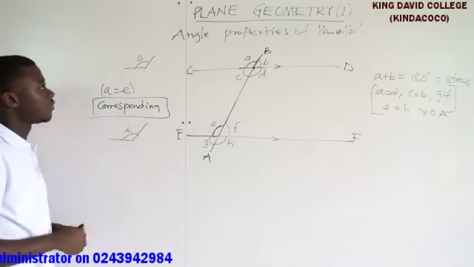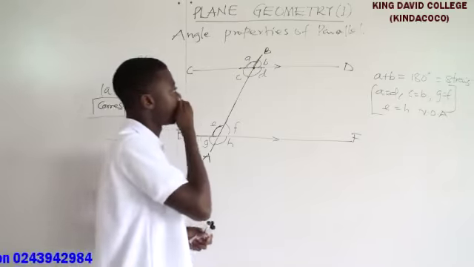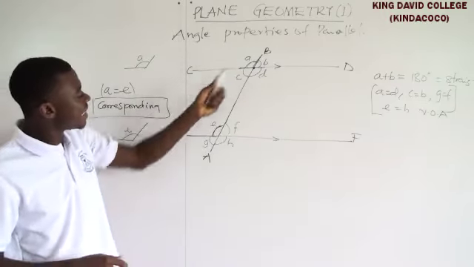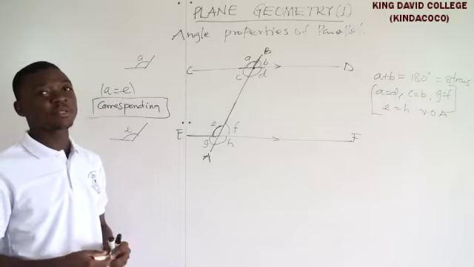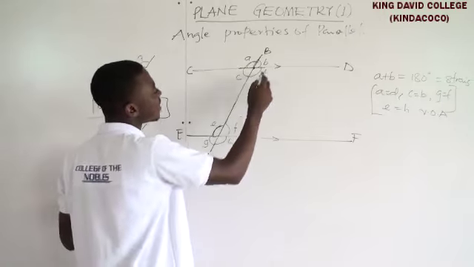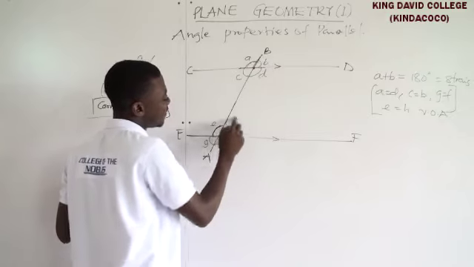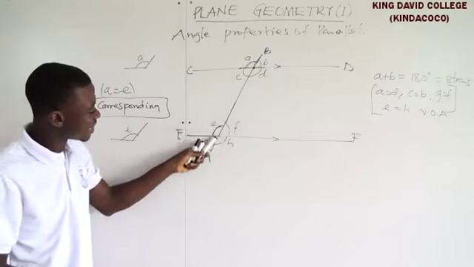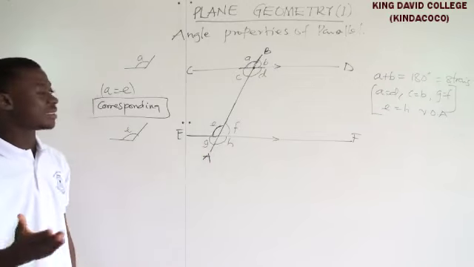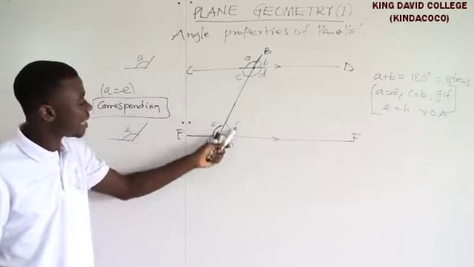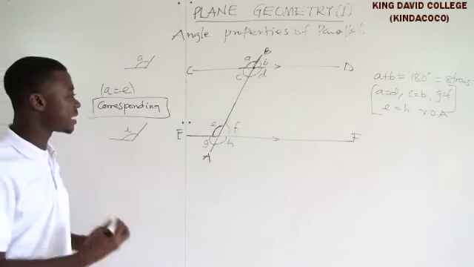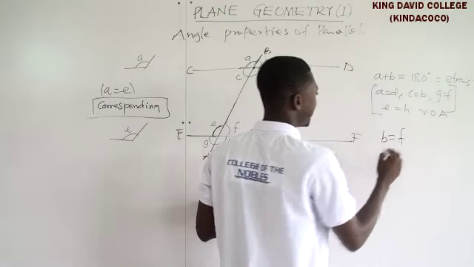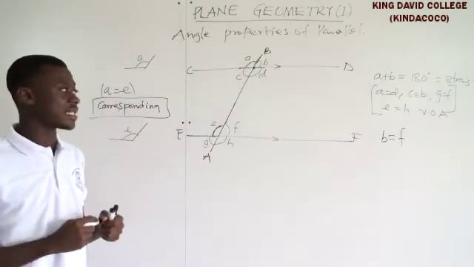So here, if we know A and E are the same by virtue of their position, then it's also clear that B and F are also the same, because you see how it's also oriented. The same thing. So B is the same as F.